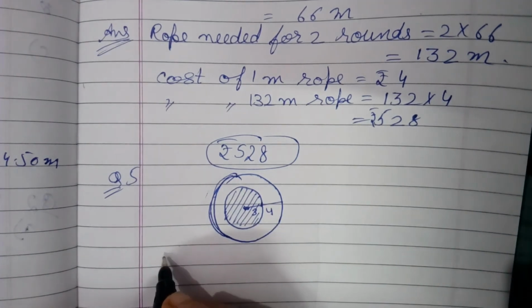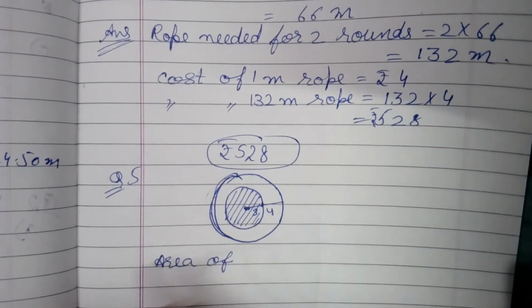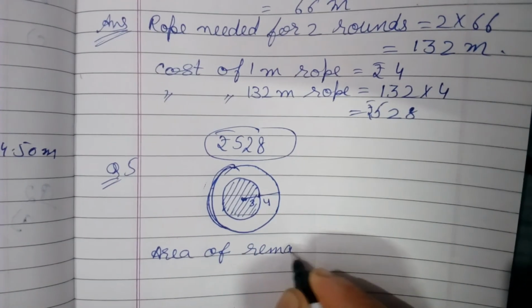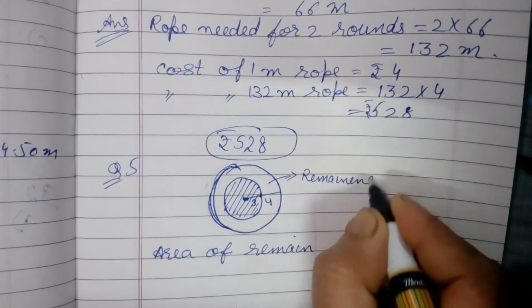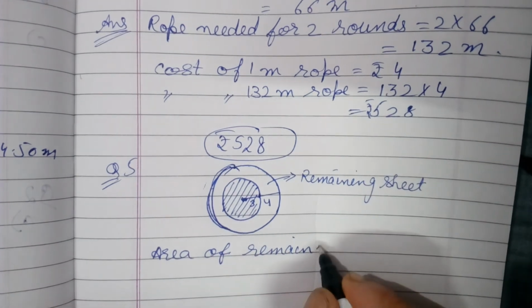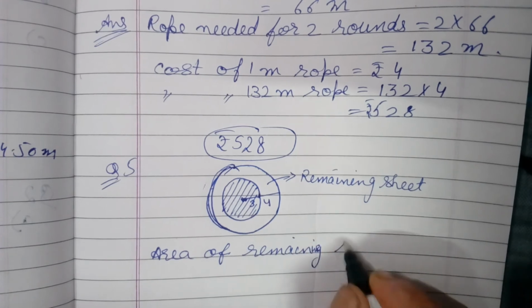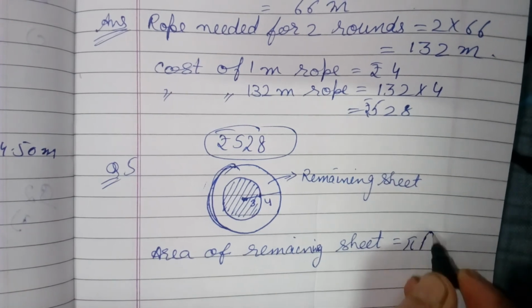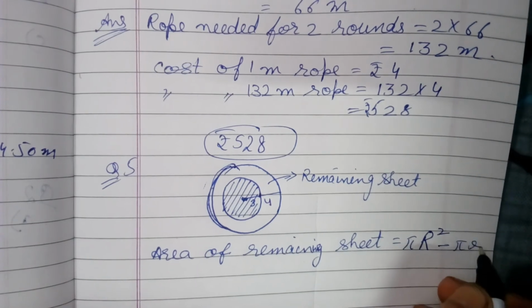Now here we have to take the value of pi equal to 3.14. Area of remaining sheet equals pi R square minus pi r square.